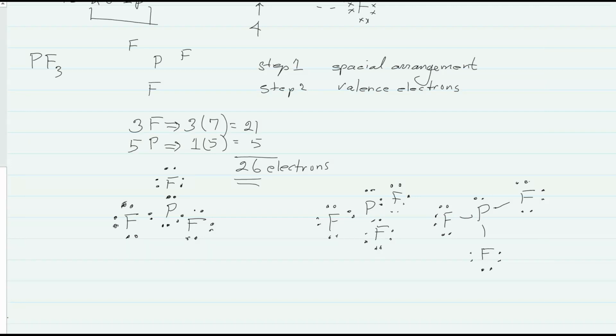So, again, what did we do on the last step? In the last step here, what we did is we took and arranged, let me say step 3, arranged all the electrons, arranged electrons to form octets with the central atom. Well, first to form single bonds with the central atom.